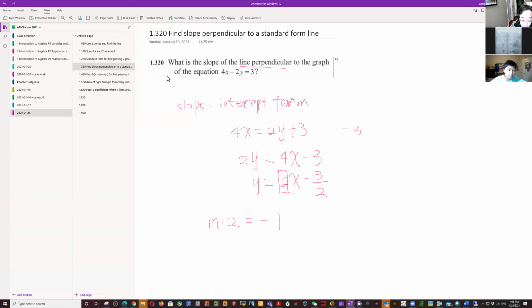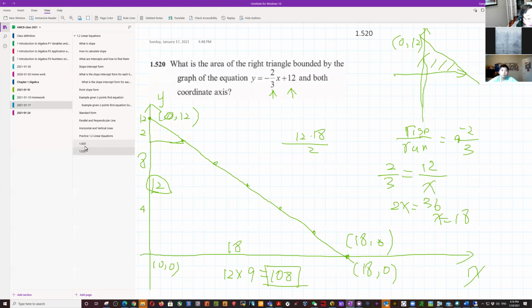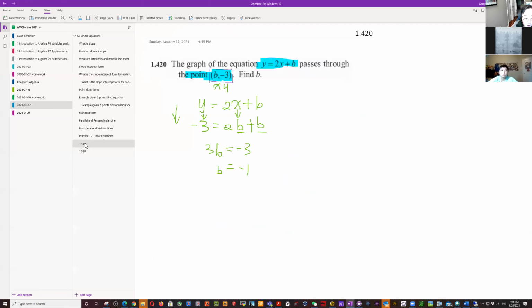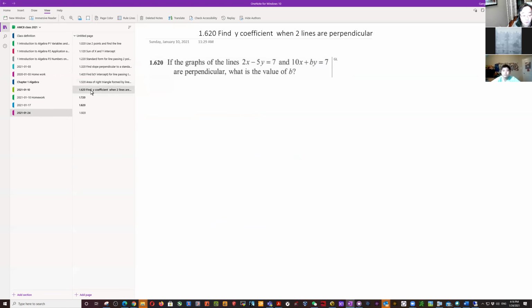So this is the equation we need to solve, and m is going to be equal to -1/2. So that's going to be the answer. And I think we already did this problem last time, so we're going to skip to 162.